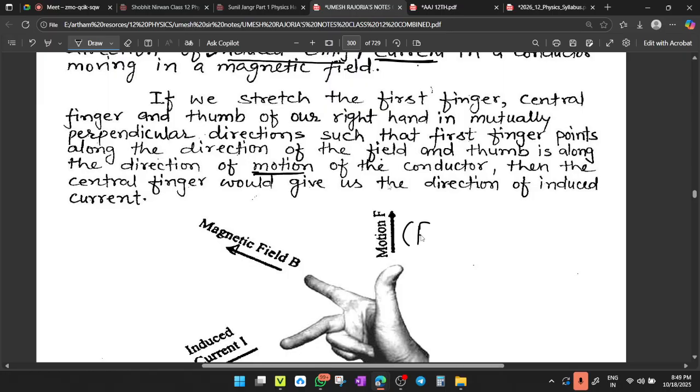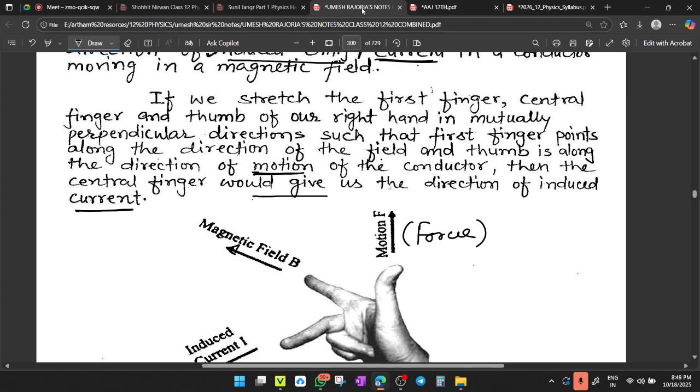Direction of motion means direction of force, right, beta? Of the conductor. Then the central finger would give us the direction of induced current.